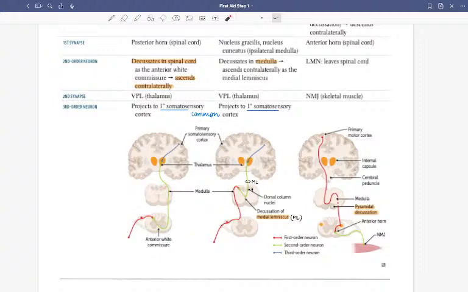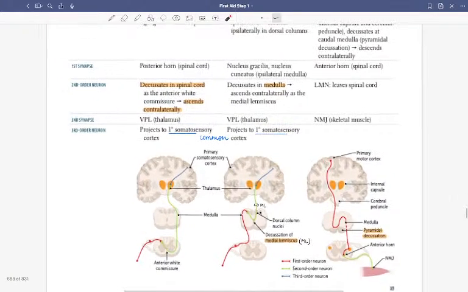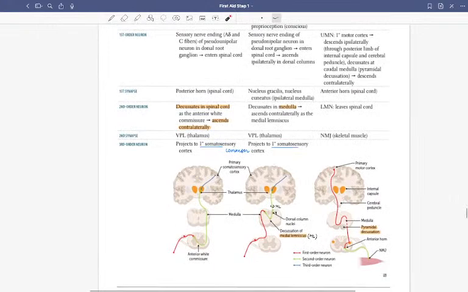This is just the opposite. It will take place at the anterior horn. Then from the anterior horn, some fibers go upwards and have a pyramidal decussation.